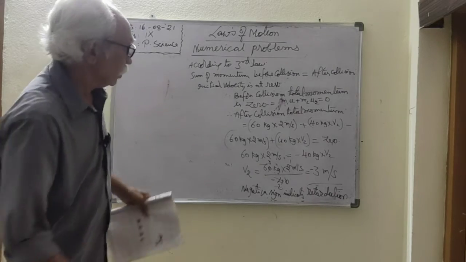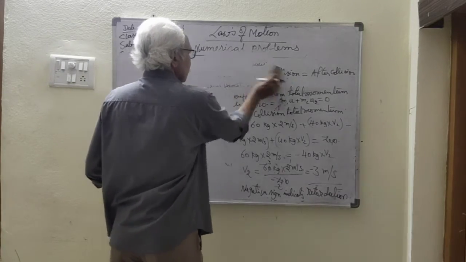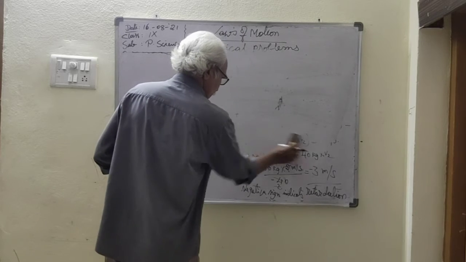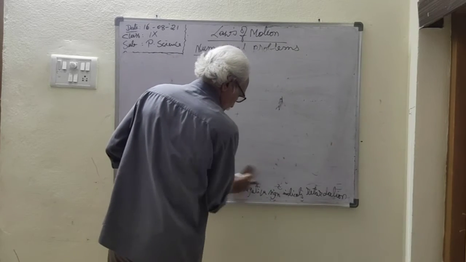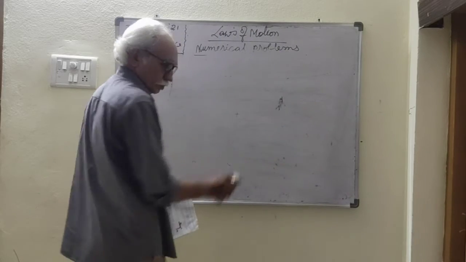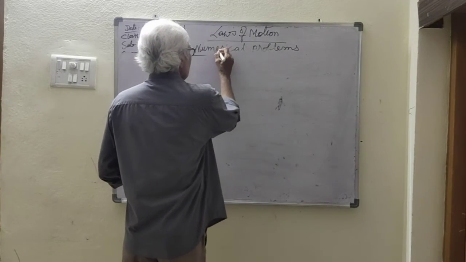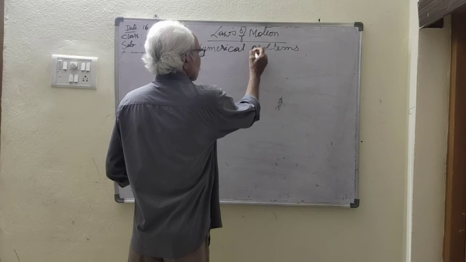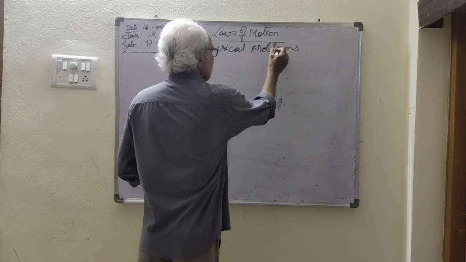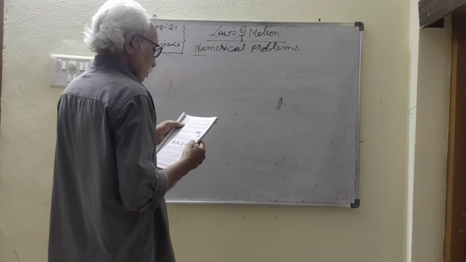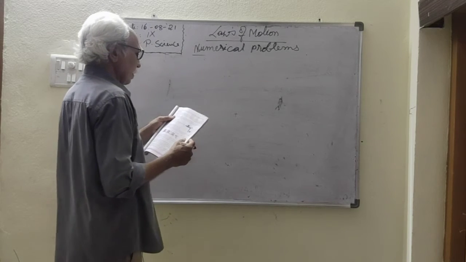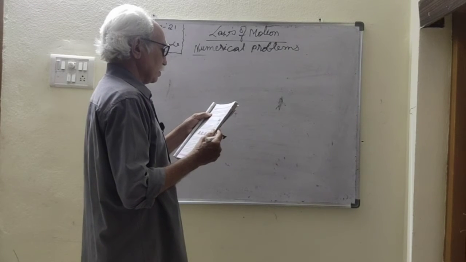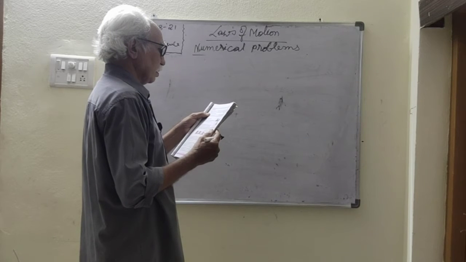Now there is another problem. A force of 5 Newton produces an acceleration of 8 meters per second squared on a mass m1 and an acceleration of 24 meters per second squared on a mass m2.